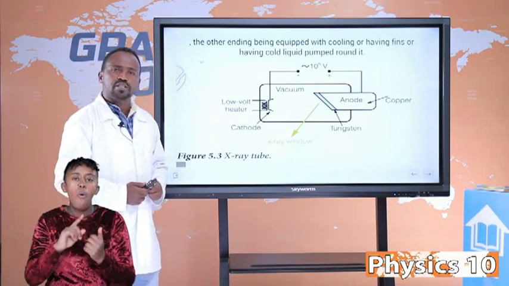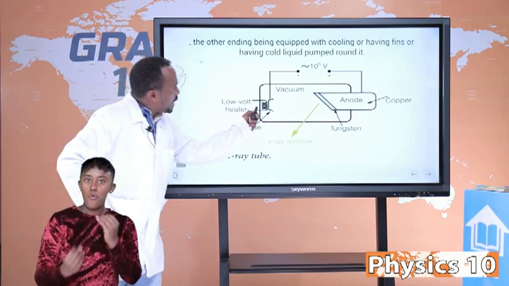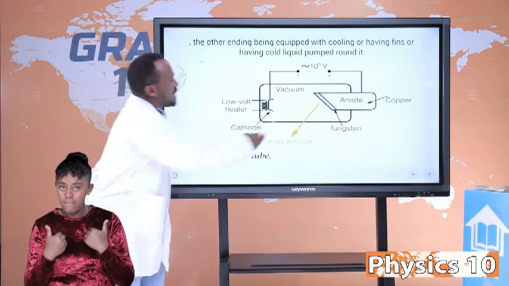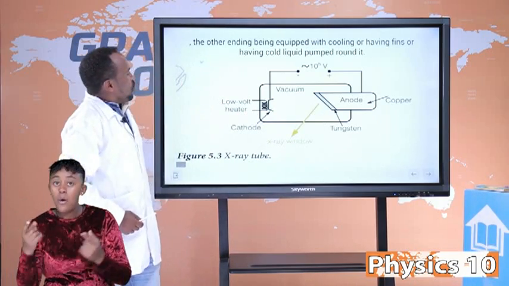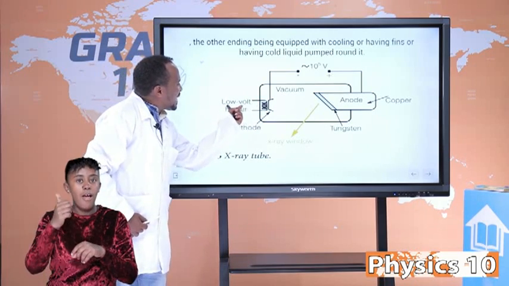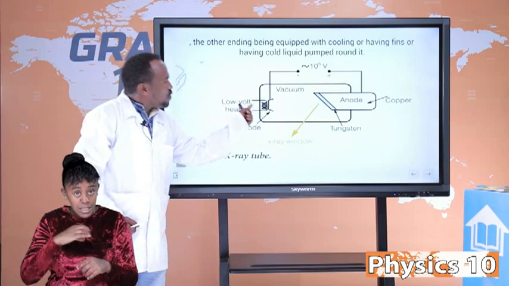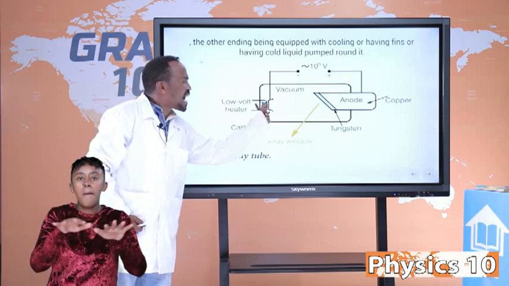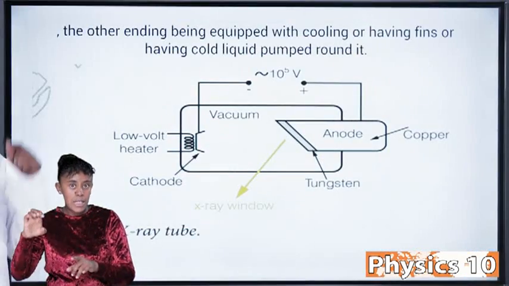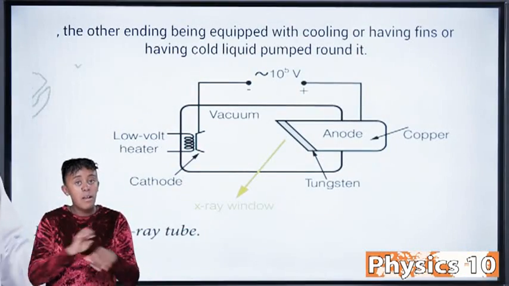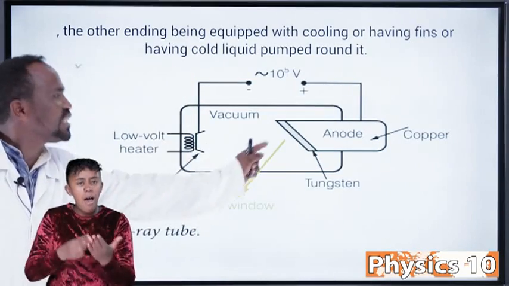Let us see how X-rays are produced. There is a heater, and there is the anode. When the cathode is heated, electrons start to emit from the cathode surface. This emitted electron strikes the anode with high energy.